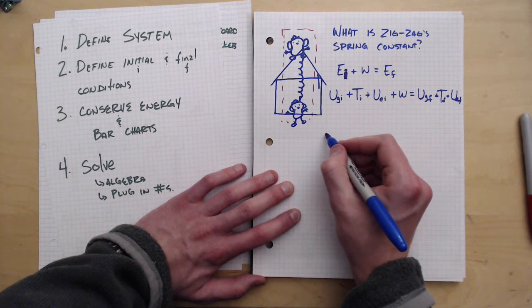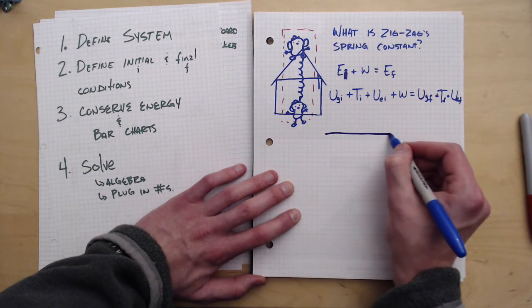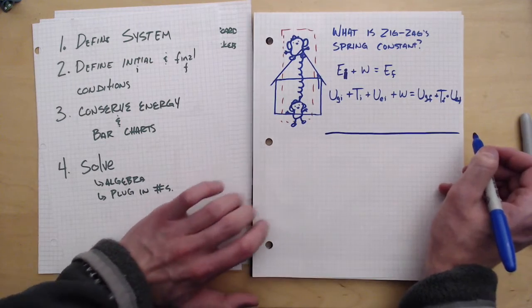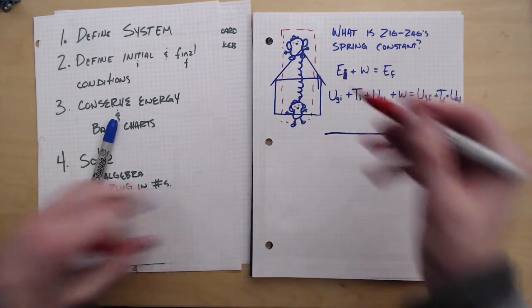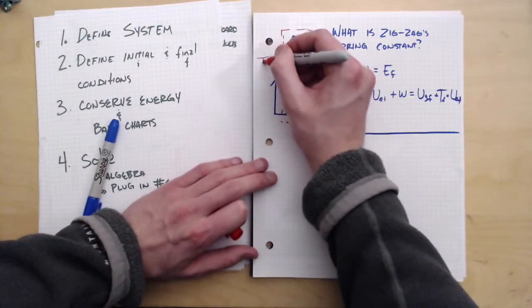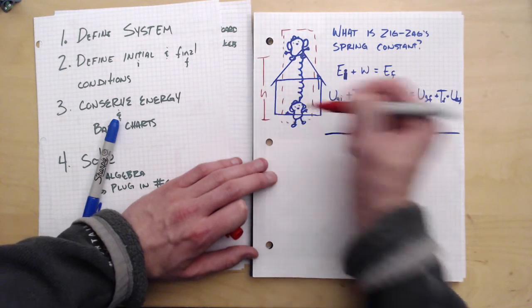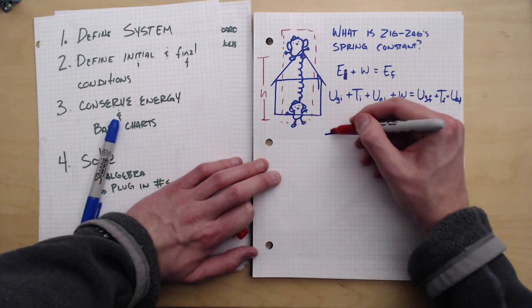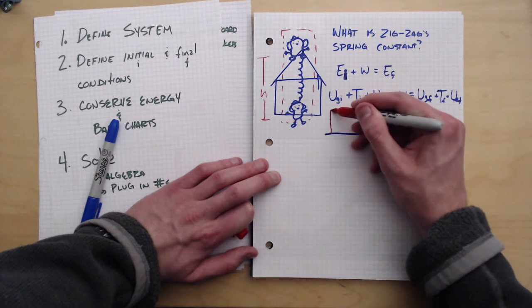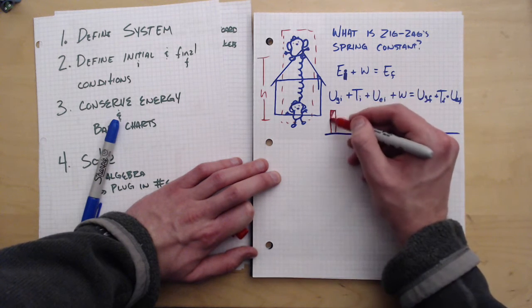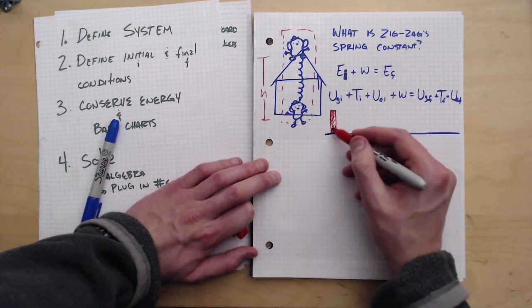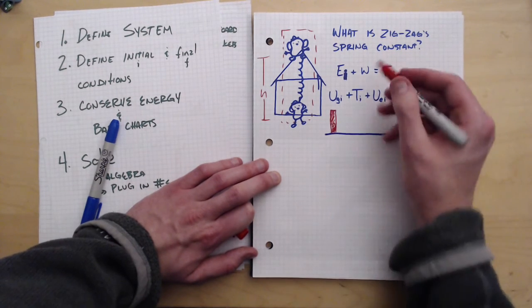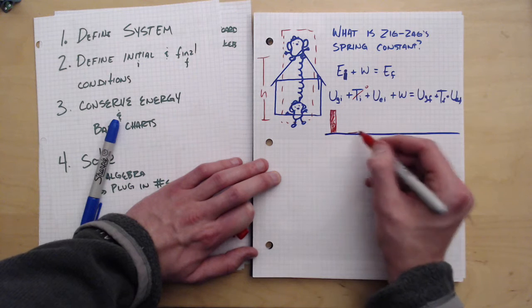So let's draw our bar charts here to see if we can track the energy through the system. Initially, Mr. Potato Head has some sort of gravitational potential energy above the ground. So we're going to give him 1, 2, 3, 4, 5 units of gravitational potential energy. We said he's jumping from rest, so kinetic energy is going to be 0.